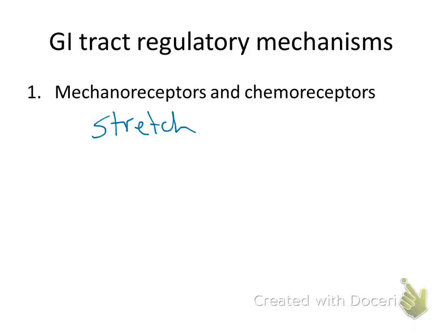As the stomach stretches, that should tell the body that the stomach has food in it, right? And if the stomach has food in it, well, then it better be secreting stuff to its lumen to help break up that food. And it better be contracting the muscles in its wall to mechanically digest that food.